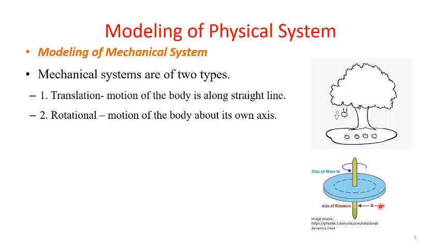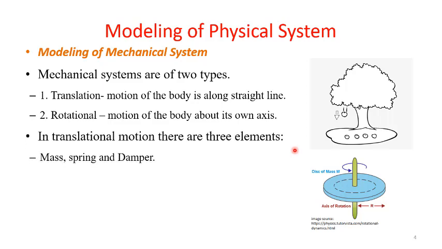When it stops rotating, the disc is going to topple or move away from its central axis. This type of motion is mainly used in the rotation of motors, where we have the armature and the windings. Sometimes the windings are stationary and the armature is rotating; sometimes the armature is stationary and the windings are rotating, as a stator and a rotor. So there we come across this type of motion, the motion of the body about its own axis.